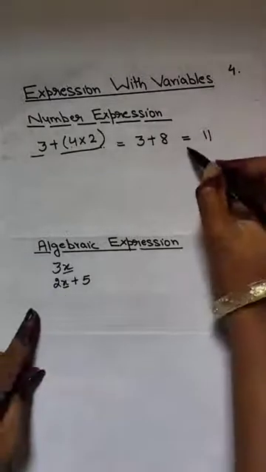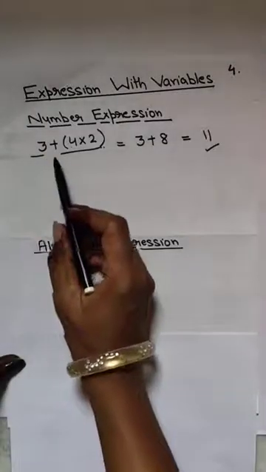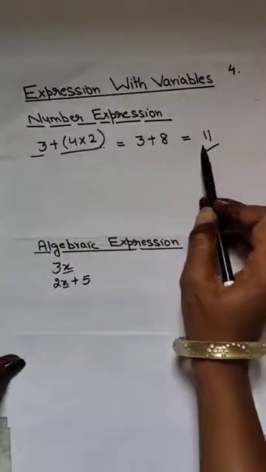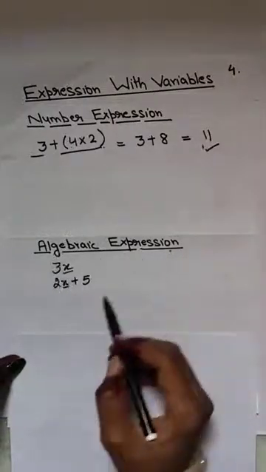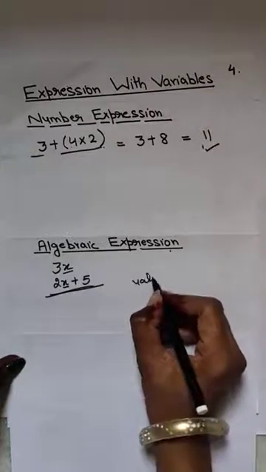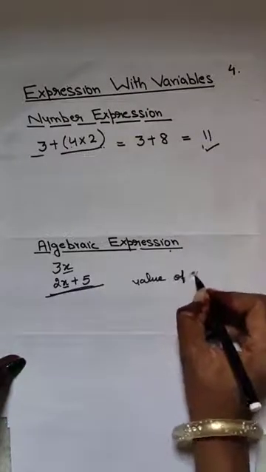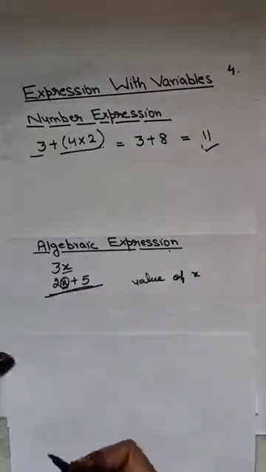It is very easy to calculate number expression. We can easily find out the value of numerical expression, but in algebraic expression we can calculate it only when we have the value of x. If we are not having the value of x, then we cannot calculate it.